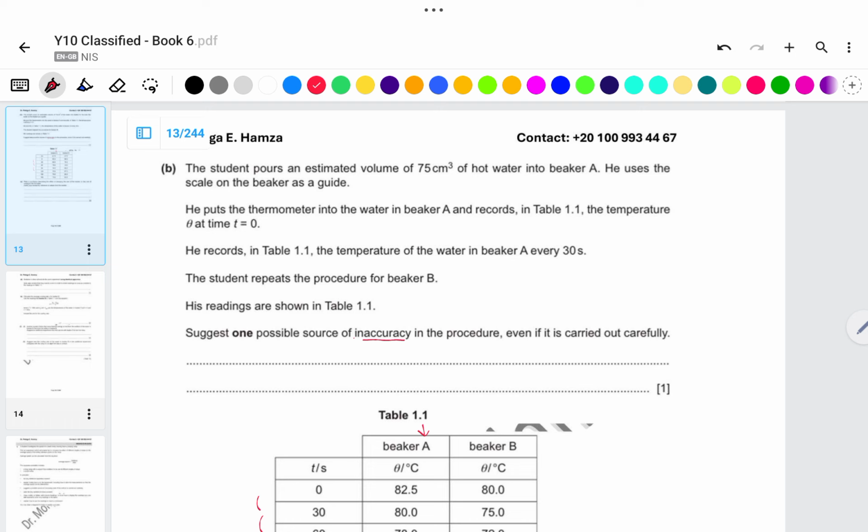It's better to use smaller graduations on beakers to be more accurate. So I'm going to say that 75 centimeter cube is difficult to estimate due to large graduations on beakers. Okay.